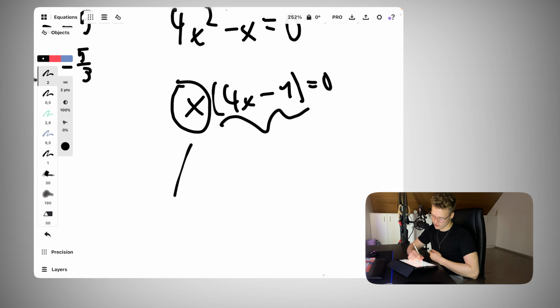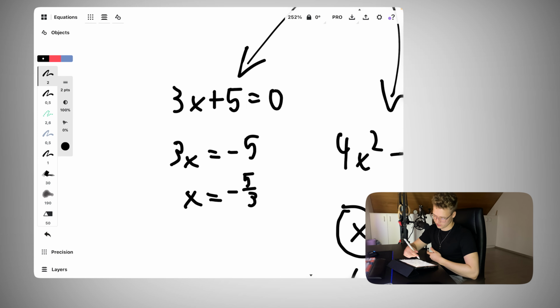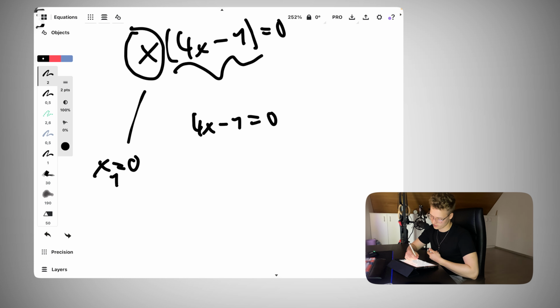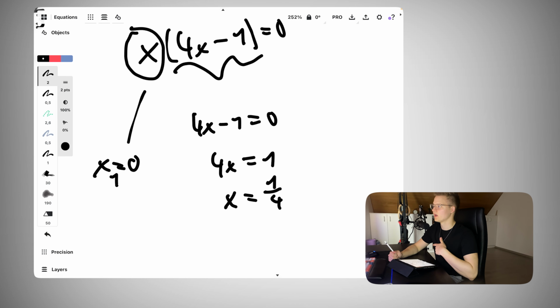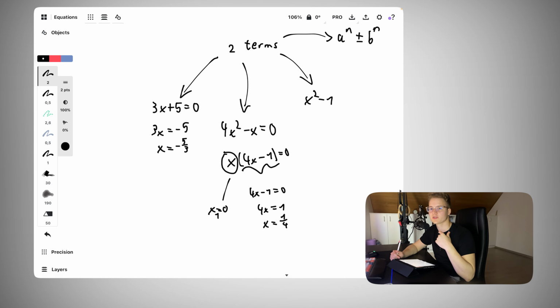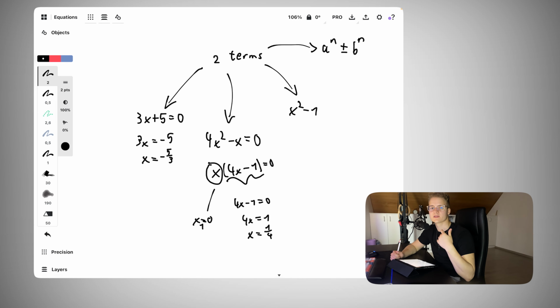So if x is equal to 0, that's our first solution, or if 4x minus 1 is equal to 0, and in this case we get the very first case again. So we just add 1 to both sides, and we get 4x equals 1, and divide by 4, and we get 1/4.